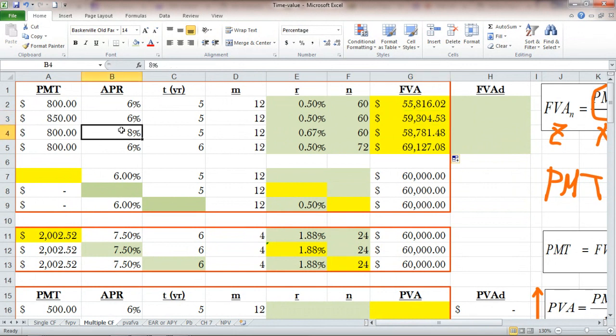Now, if we find a bank that pays better interest, even at 8%, we're still about $1,300 short, right? And if we extend our timeline by one more year to 6 years, then we overshoot our target. We'll have $9,000 more than our target.